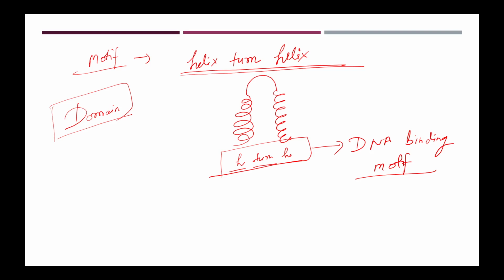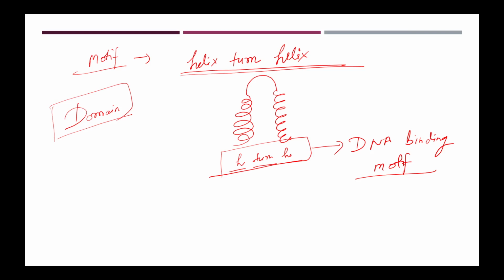For example, there is the ATPase domain. If that particular structure is present, it is referred to as a domain, and if it is an ATPase domain, you can tell that your protein can hydrolyze ATP. So that is the function of your protein.